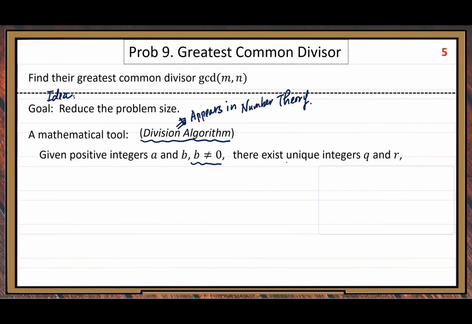Q for quotient, r for remainder. With the remainder in this range, greater or equal to 0, strictly less than b, such that a equals b times q plus r. This is the so-called division algorithm.